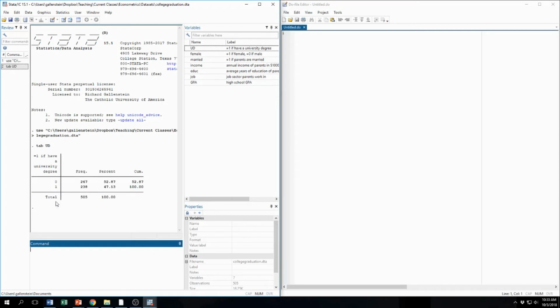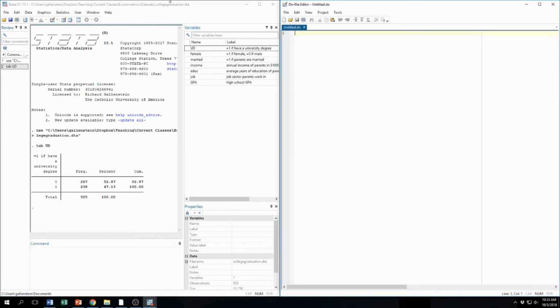All right. So it is a binary variable. There's 505 total observations in my data set. 267 of them are 0. That means 267 people don't have university degrees in my data set. And 238 people do have university degrees. All right, so here is a binary variable. It takes values of 0 and 1.